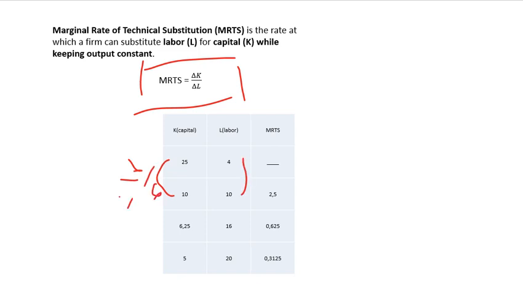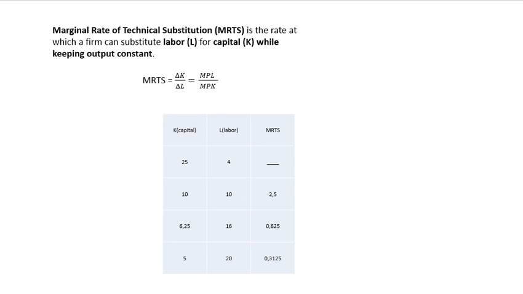We will get 2.5, which is MRTS, the marginal rate of technical substitution. Then we can find this in another way, which is MRTS equals as well the MPL over MPK. So MPL over MPK, and now we will see why it is like this.